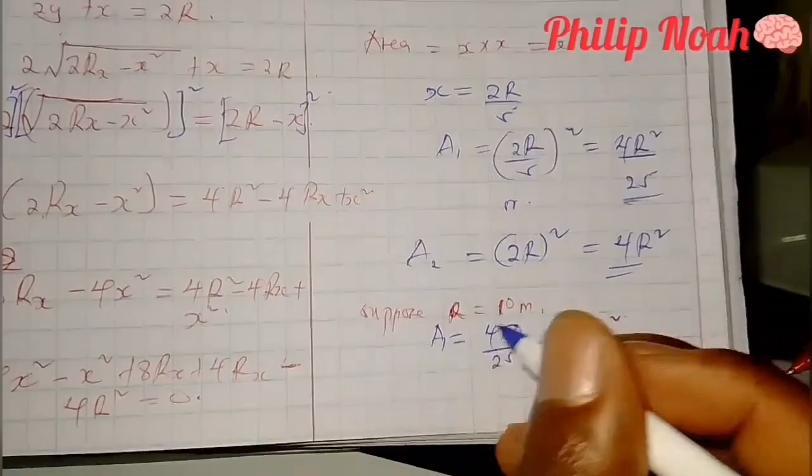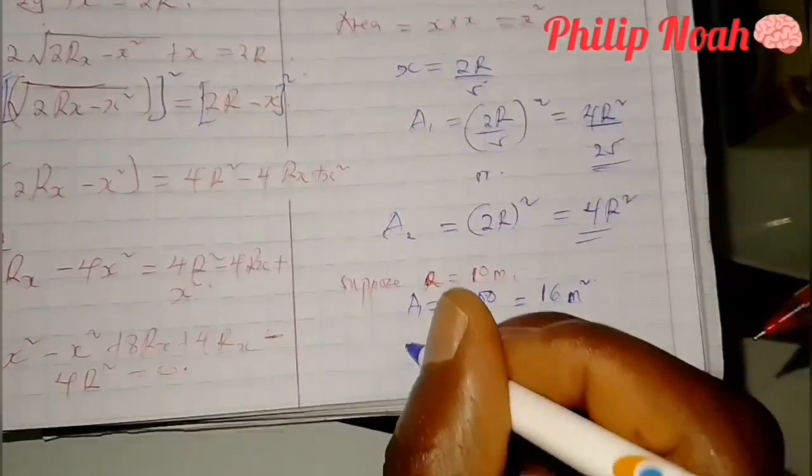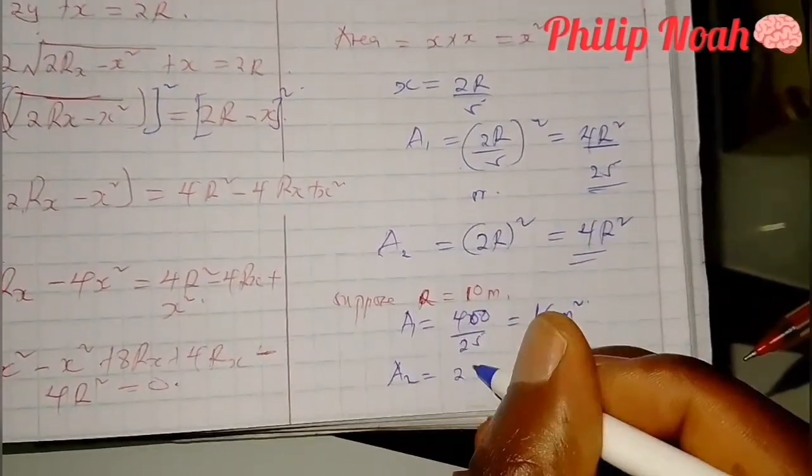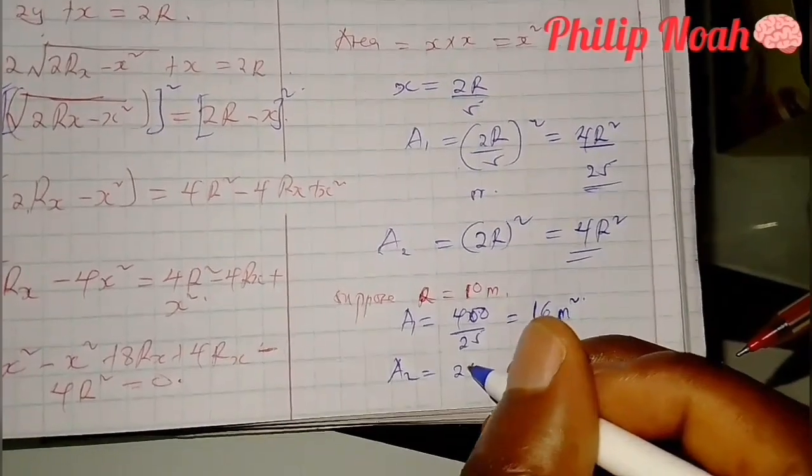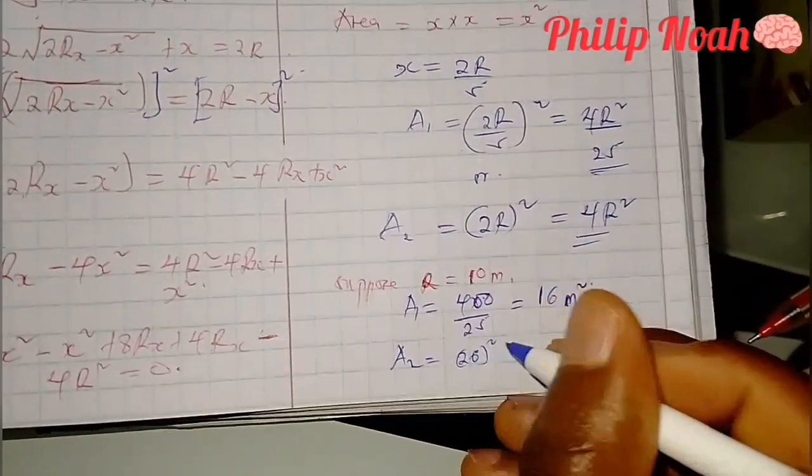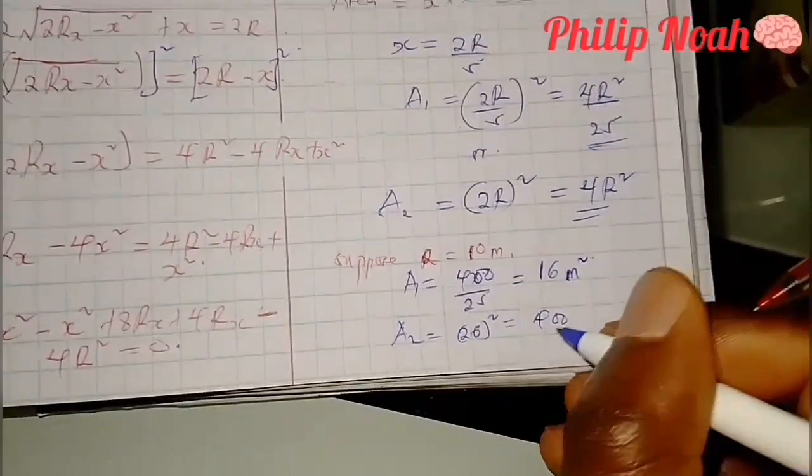So, if suppose the radius was 10, using the second relation, area 2r squared, that is 2 times 10 becomes 20. If we square, it becomes 400 square meters.